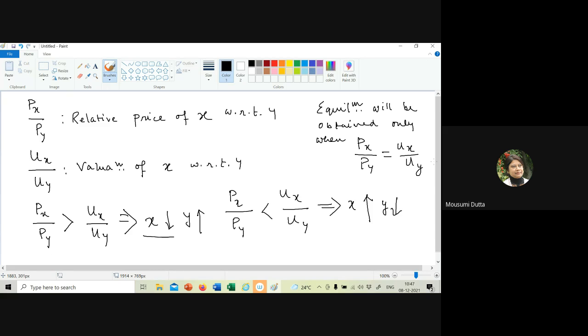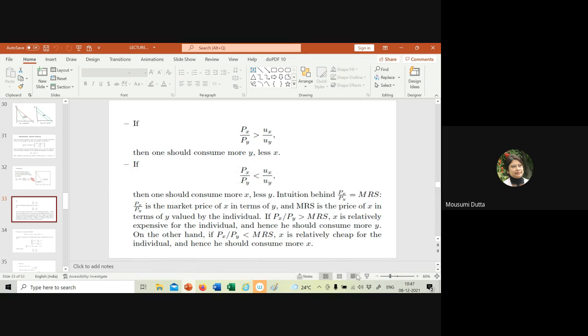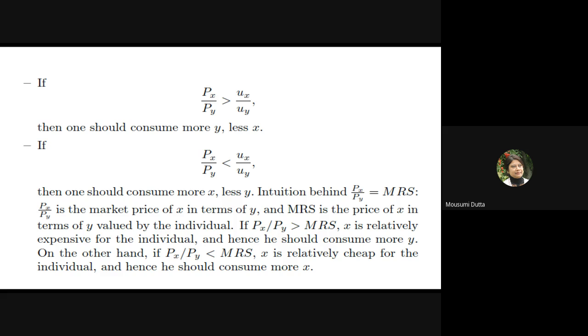When the additional amount you are paying is exactly equal to the additional valuation, or additional satisfaction, or additional worth of the commodity to you, in that case you will stop. So only Px by Py equal to Ux by Uy can give you the equilibrium solution. Neither Px by Py greater than Ux by Uy nor Px by Py less than Ux by Uy can give the consumer the equilibrium solution.